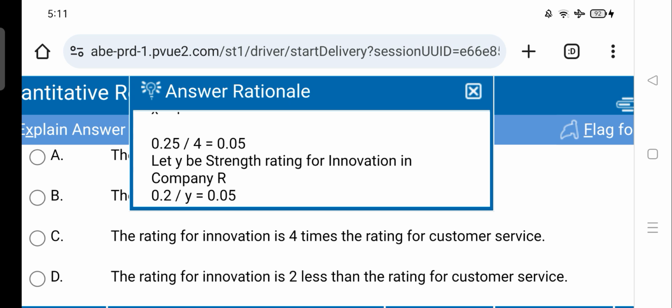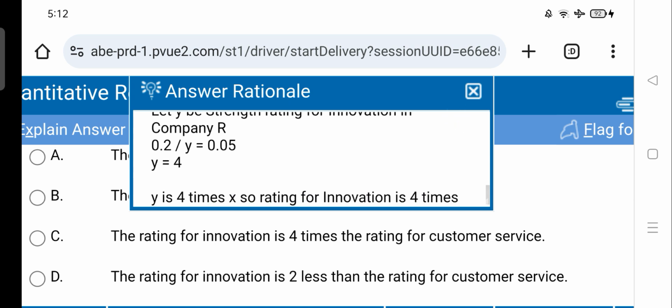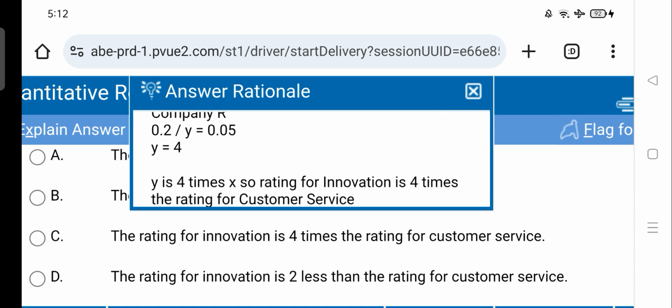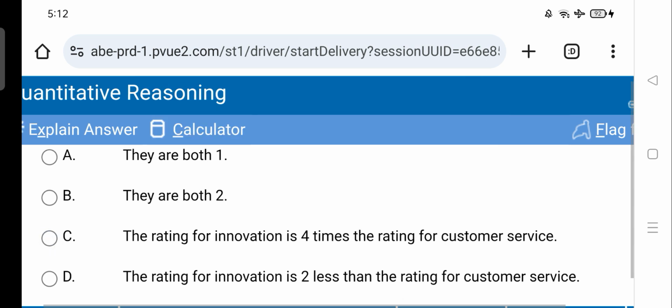Let Y be the rating for innovation in company R. So Y equals 5... Y is 4 times X. So the rating for innovation is 4 times the rating for customer service. That's how we have the correct response is option C, which says the rating for innovation is 4 times the rating for customer service.